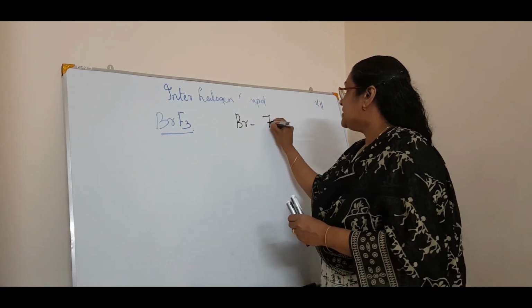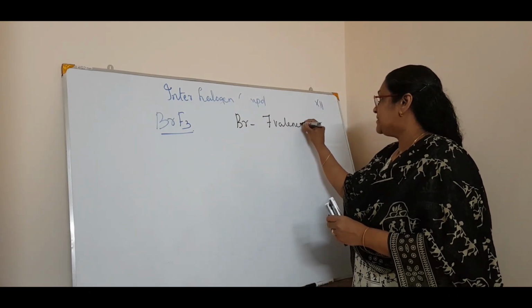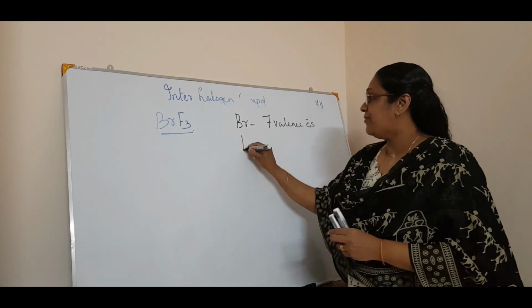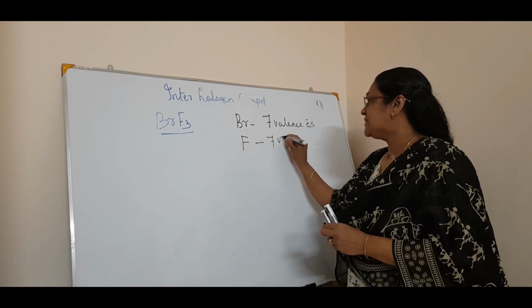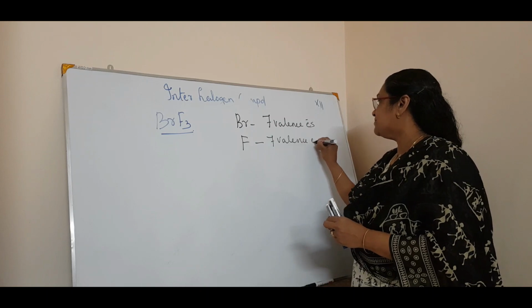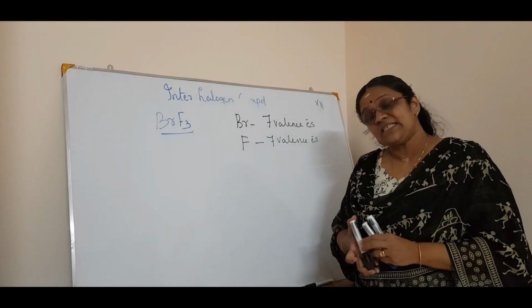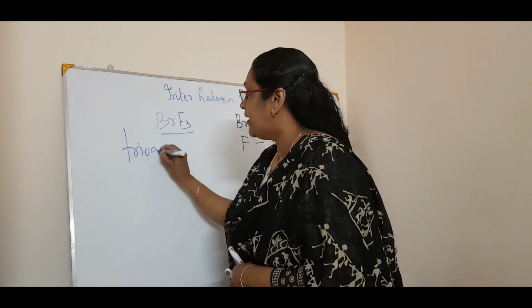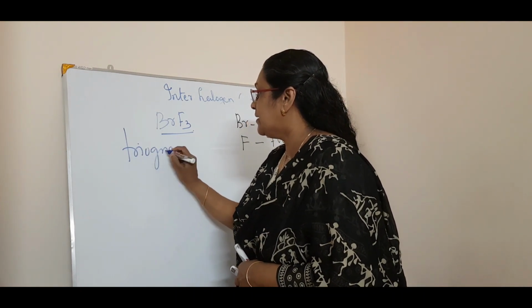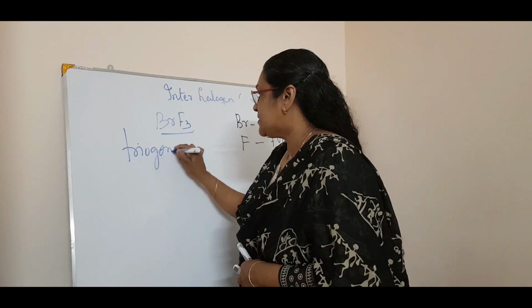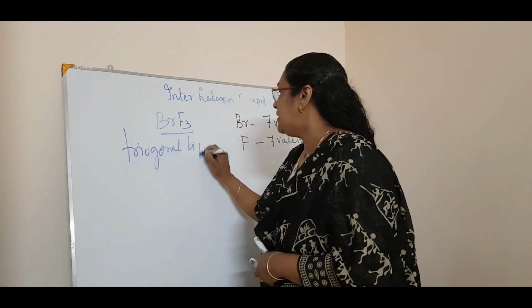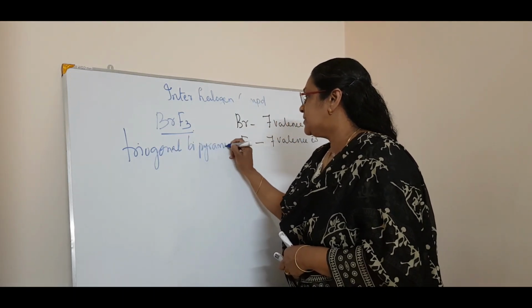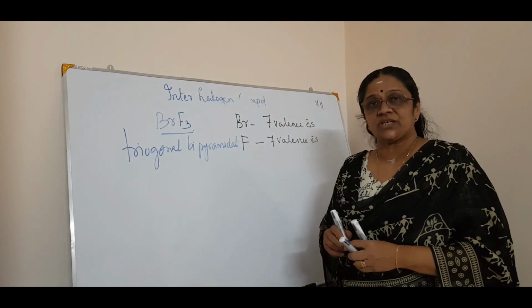Now bromine, see, bromine means a halogen. So it is having 7 valence electrons, isn't it? And fluorine also has 7 valence electrons. According to the VSEPR theory, this has a trigonal bipyramidal structure.